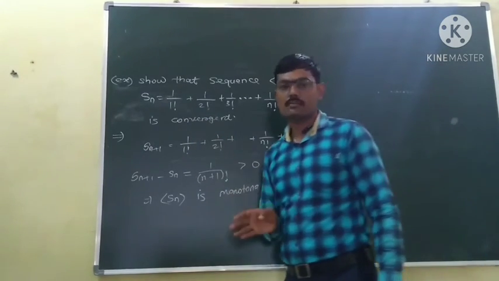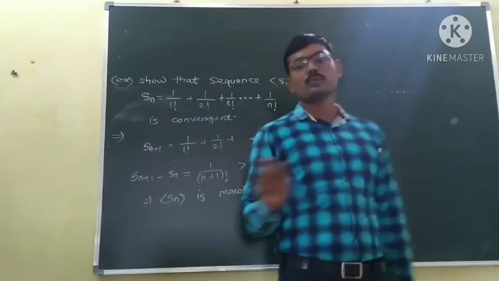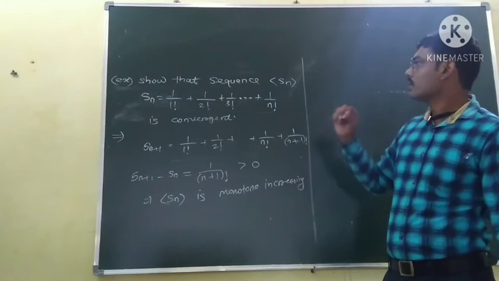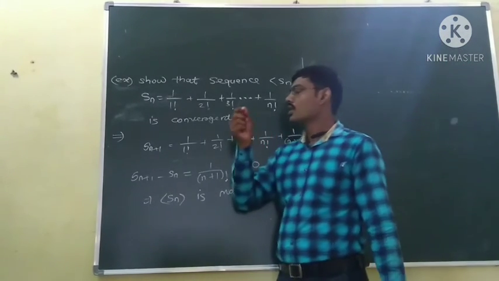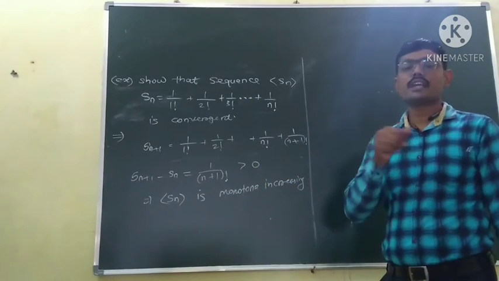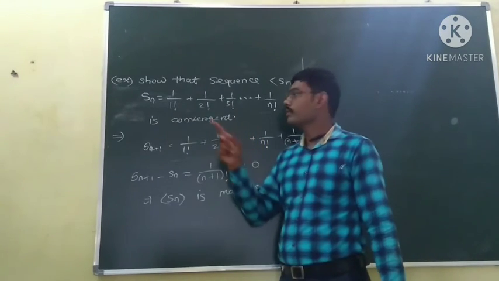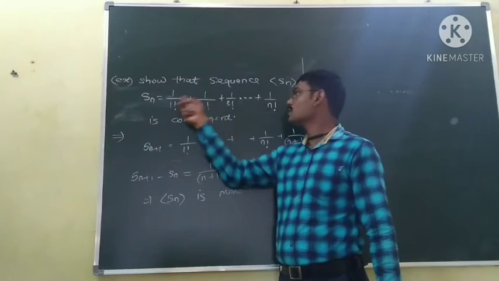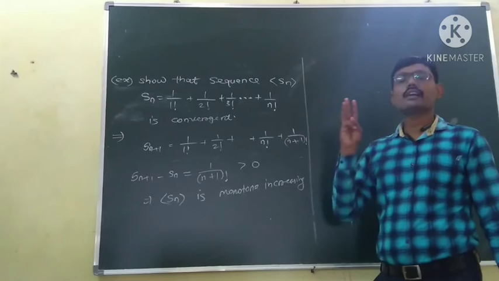Now our next aim is to show that the sequence is bounded. Now what is the first term of the sequence? The first term will be just 1 upon 1 factorial, that is just 1. What will be the second element of the sequence? The second element will be 1 upon 1 factorial plus 1 upon 2 factorial, that is 1 plus 1 by 2 factorial, which is also positive. What is the third element?